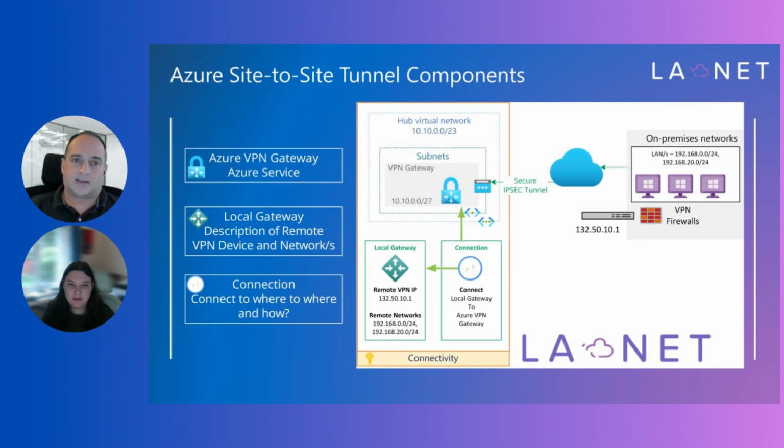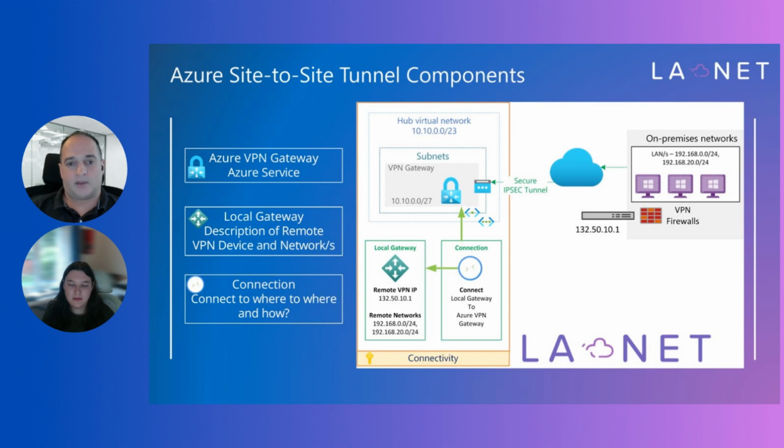Okay, so the next thing to look at is a site-to-site tunnel component. So now we've got our VPN gateway. What we need to do is connect that to an on-premises network. From the Azure side specifically, we need to create a couple of objects, and those are the local gateway and the connection objects. Now, the local gateway object is basically a resource in Azure that defines what your on-premises network looks like.